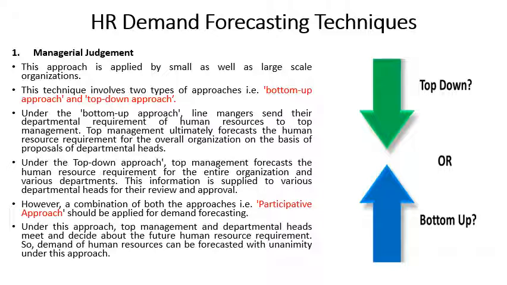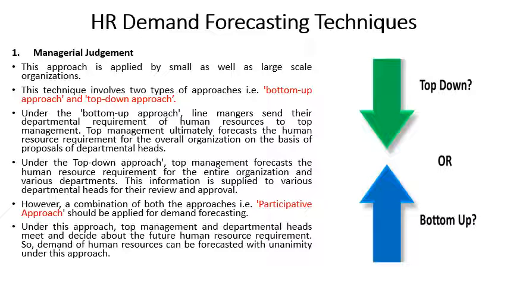Each department manager will submit the estimation of human resources for their respective departments to the top management, and then top management will forecast the human resource requirement for the overall organization on the basis of the proposals from departmental managers. And the opposite of this is the top down approach.